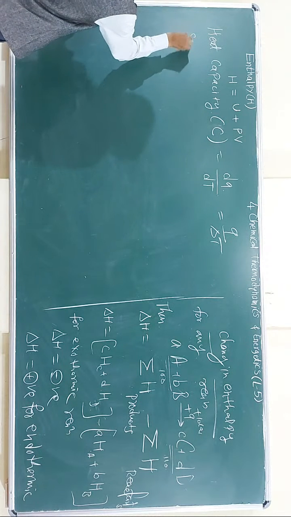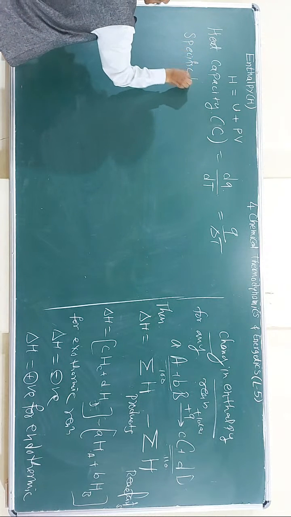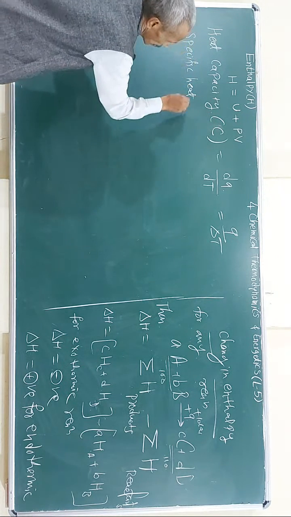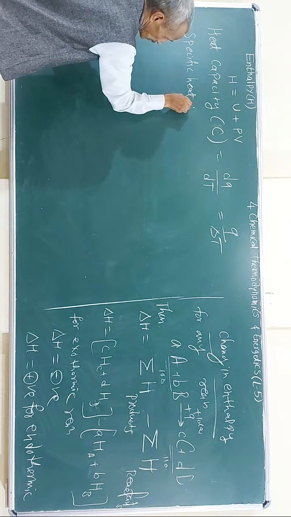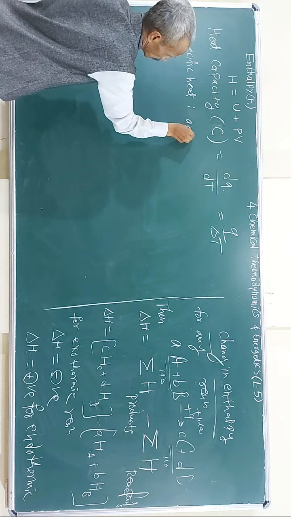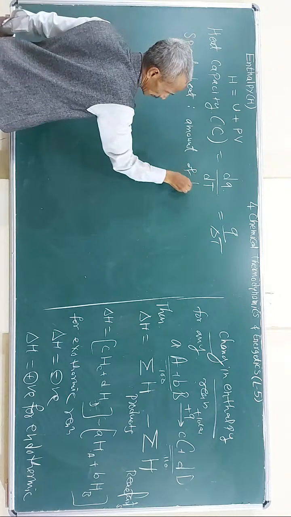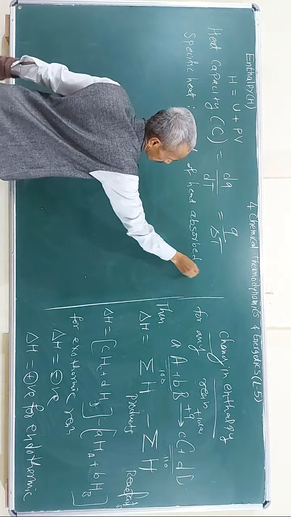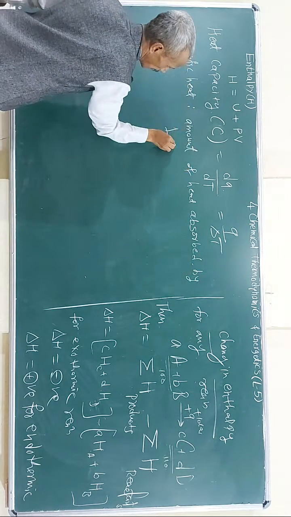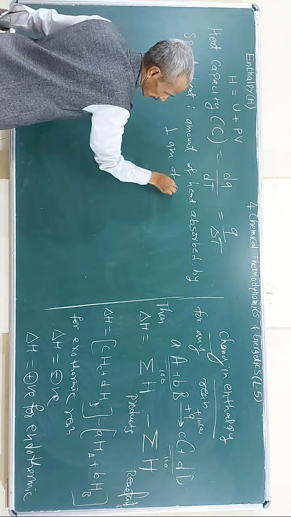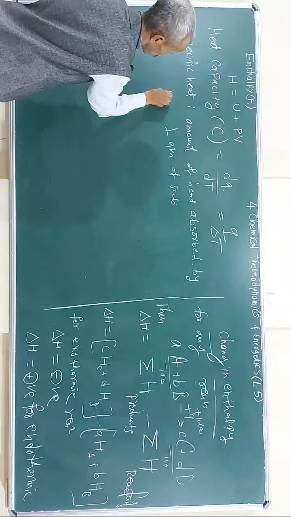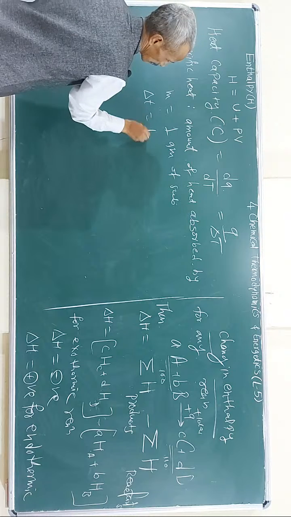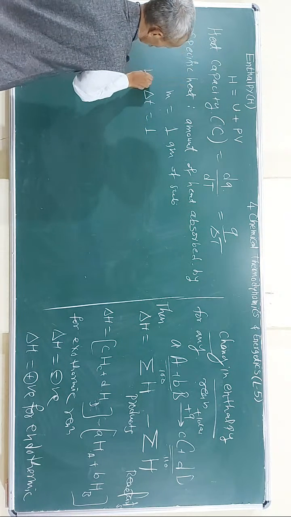Therefore, the specific heat capacity, or specific heat, is considered. By definition, it is the amount of heat absorbed by 1 gram of that substance to raise the temperature by 1 degree Celsius.